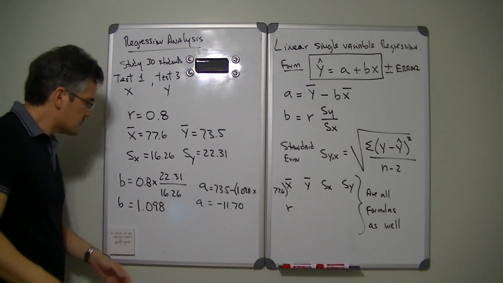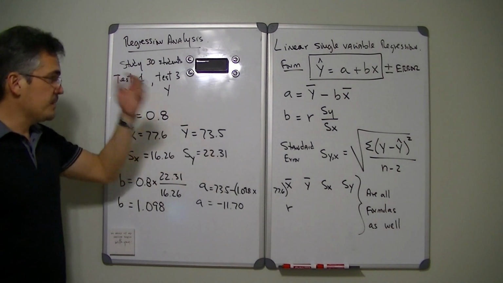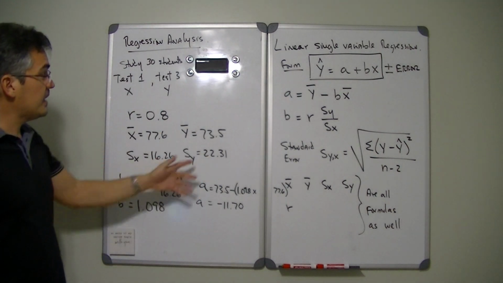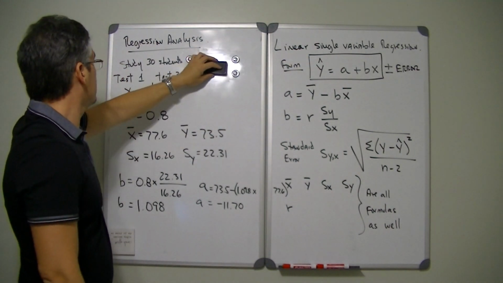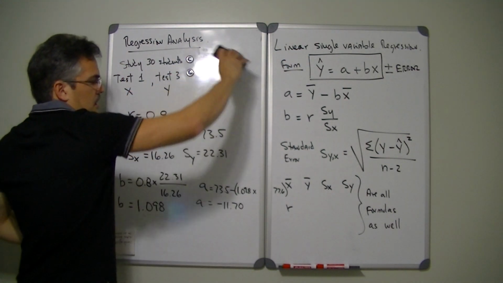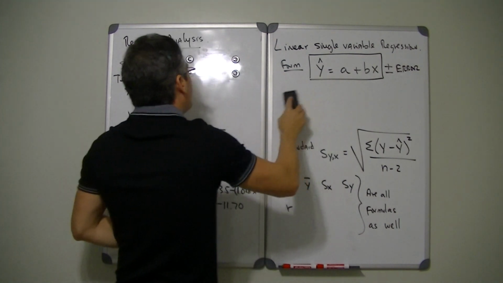Alright. Now what exactly does this mean? So now once I calculated my a and my b, I can create my regression equation. Let me take this formula out of here, I don't need it anymore.